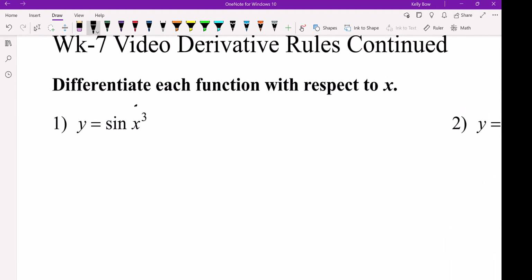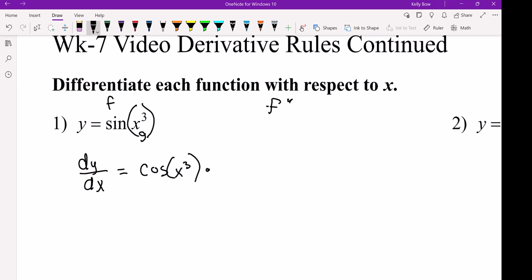So I'm going to put this thing in parentheses. So now what we have, there's a chain rule involved. So the derivative of sine is cosine. But now, remember, sine is the f and the x cubed is the g. So now, remember the chain rule.